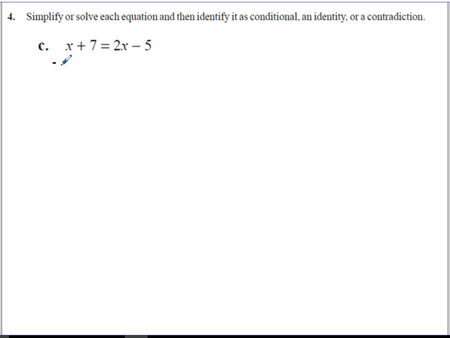And so minus x and minus x, knowing that again, there's an invisible 1 there when we subtract. x minus x is 0, so we're left with 7. 2 minus 1 is 1x, or again, we can drop the 1 and just say x. And we have minus 5. So now we'll add 5 to both sides.